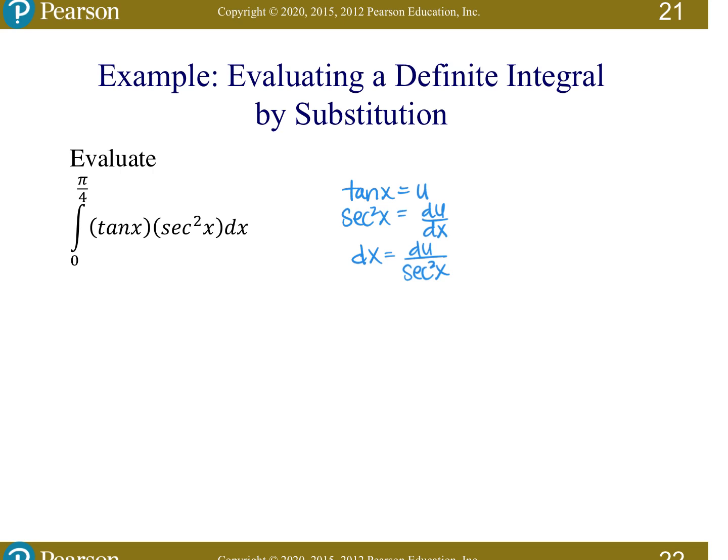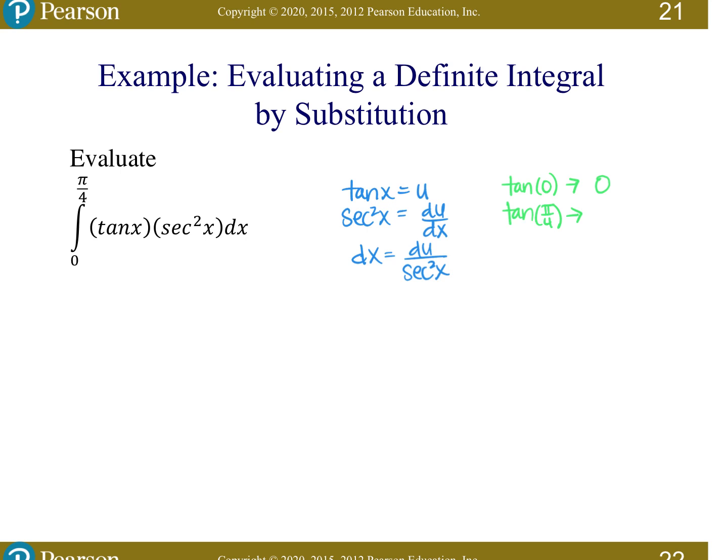All right, now we want to take our bounds and we want to know what tan of 0 is going to turn into, and we want to know what tan of pi fourths is going to turn into as we switch to a different axis. All right, so the tangent of 0 is 0. You should know that from your unit circle.